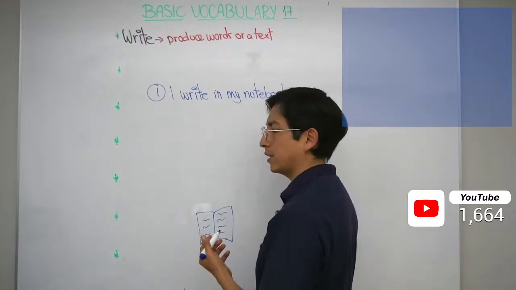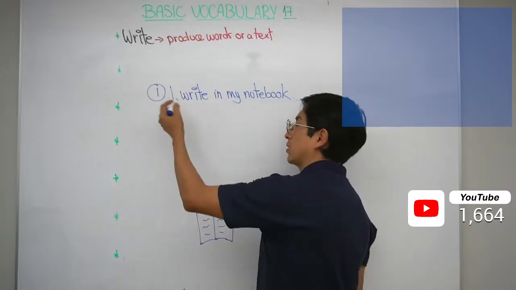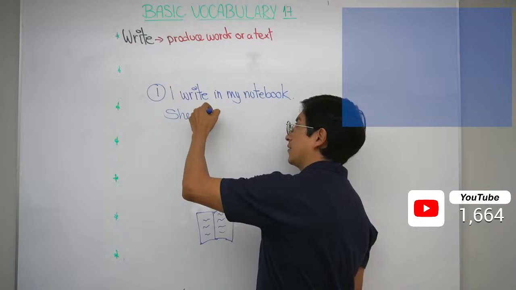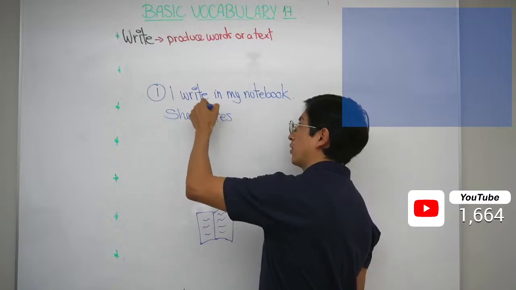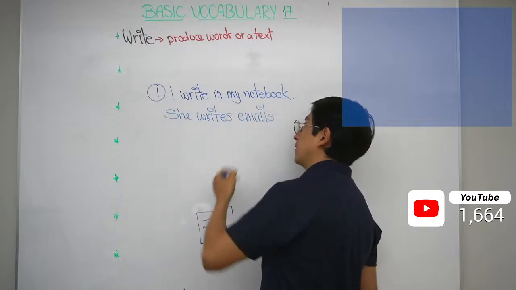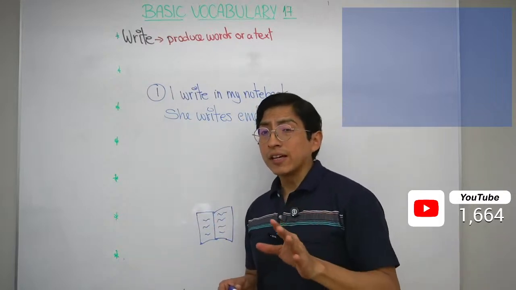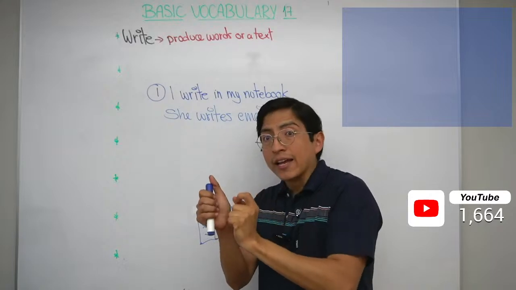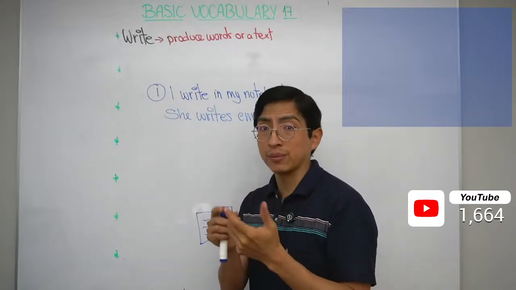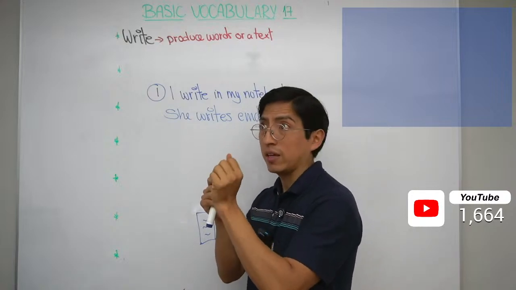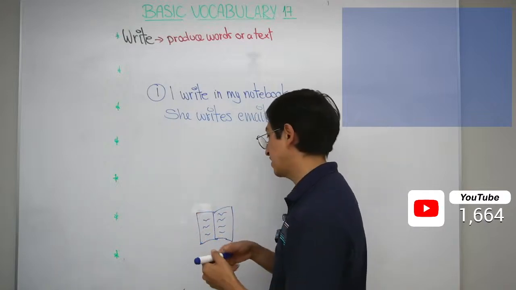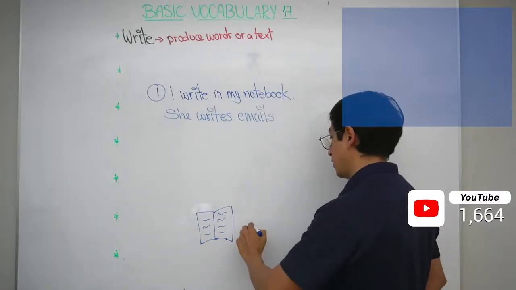Now, what is the second one? We can say here, she writes, for example, emails. In this case, we can't write an email with our hands, so this is impossible to do. So what do we do? Well, we type.